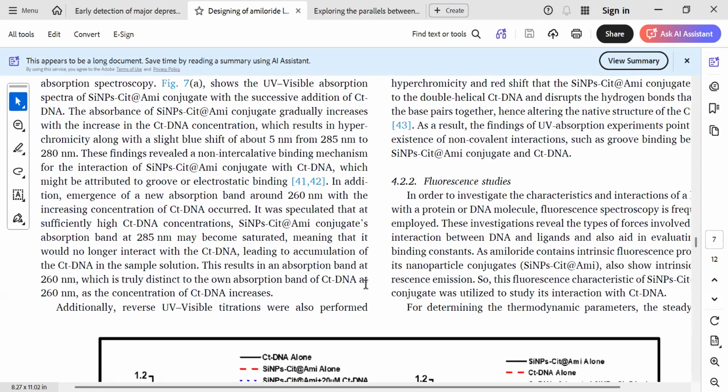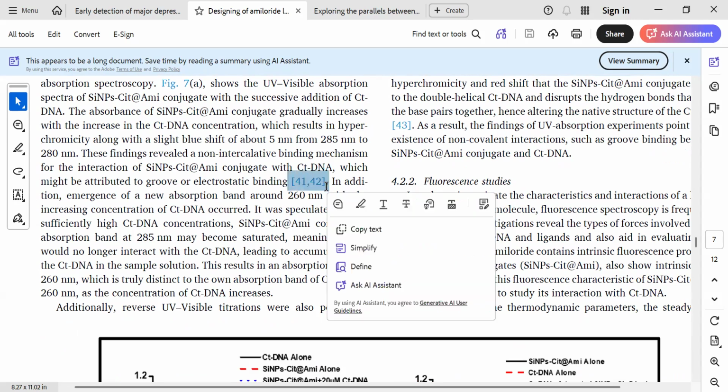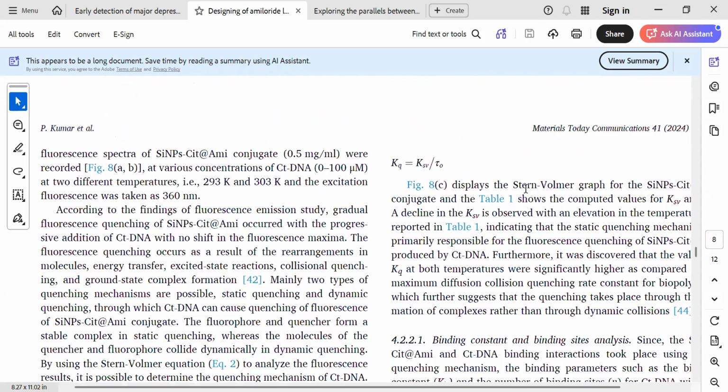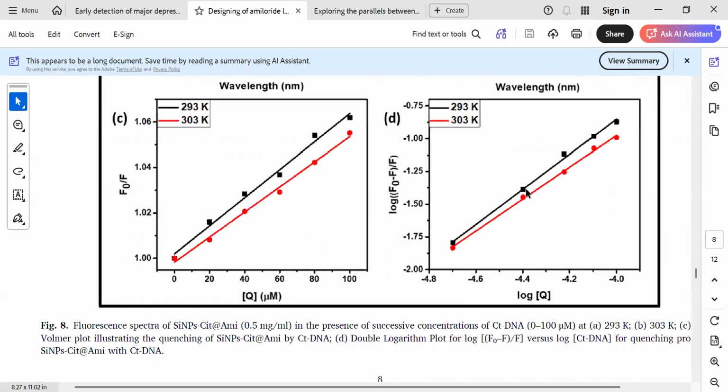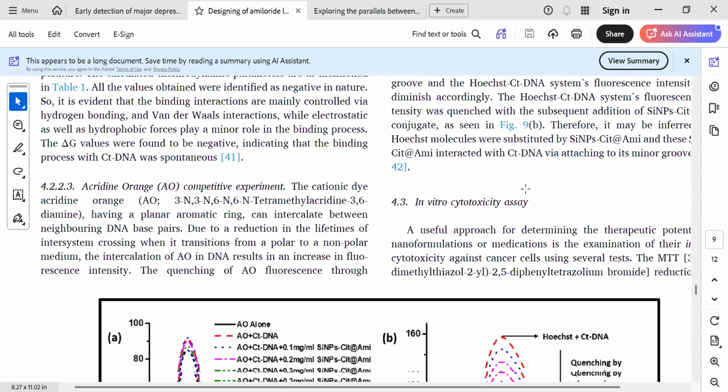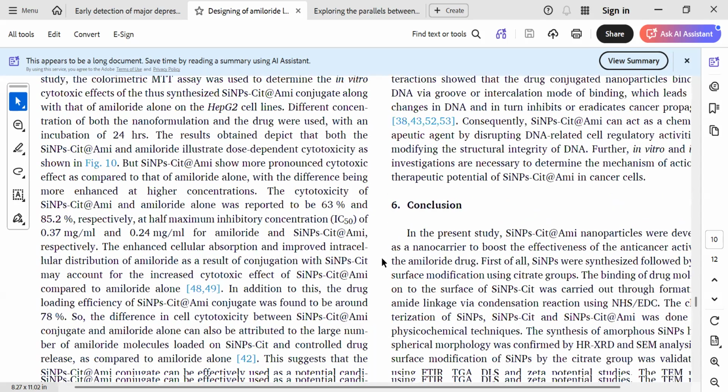And why are we calling it results and discussion? Because you are giving your results, elaborating upon your results, and also discussing these results with reference to the already done work of other researchers who have done similar kinds of work in this particular field. So you will have to discuss that work.